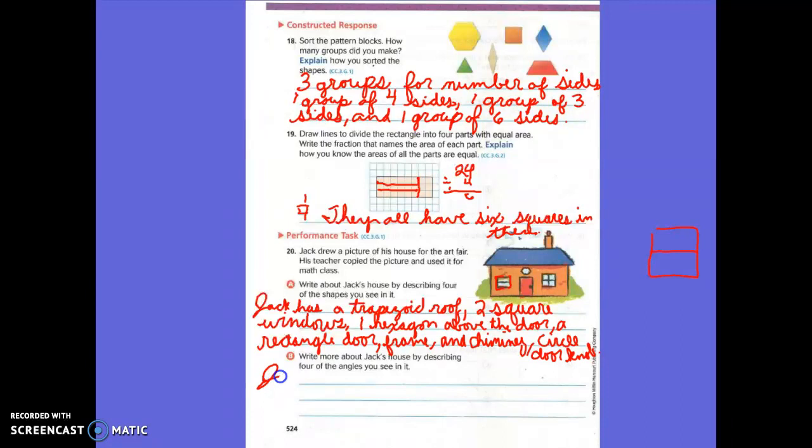On the 2 bottom corners. Jack's frame has what? I see 4 right angles. 4 right angles on the frame.